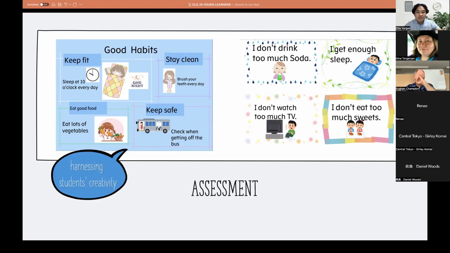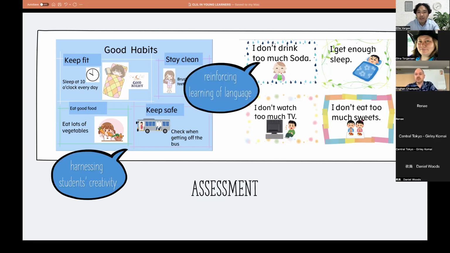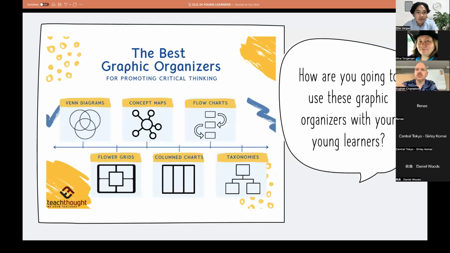So we could harness their creativity because this is a very beautiful poster for a sixth grader, right? And we could reinforce their learning of language because we're learning about too much, too many, and enough here. So once they use these words to make their posters, they can remember them more.